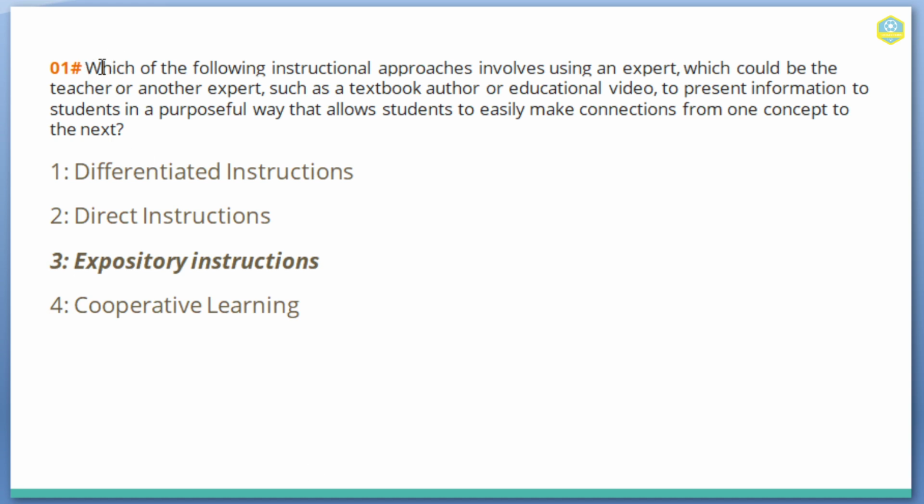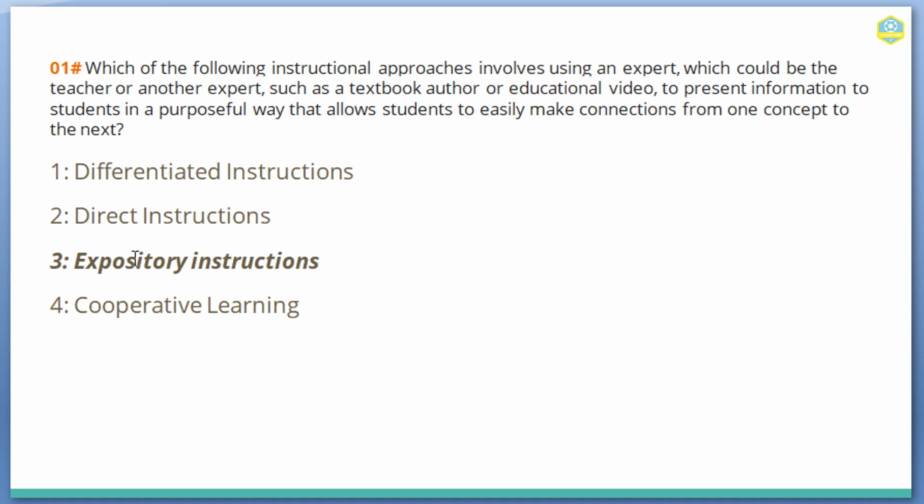So the question you can read here: which of the following instructional approaches involves using an expert, which could be the teacher or another expert, such as a textbook, or you can say the source of information, author, or educational video, to present information to students in a purposeful way that allows students to easily make connection from one concept to the next.